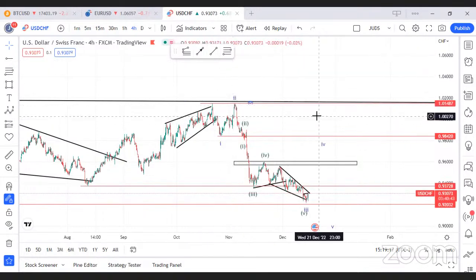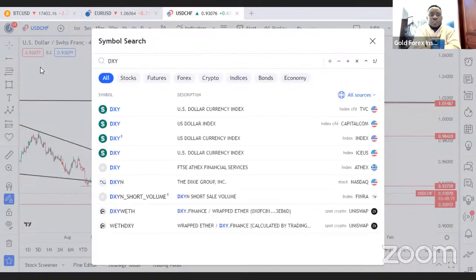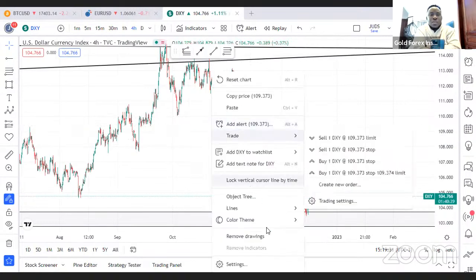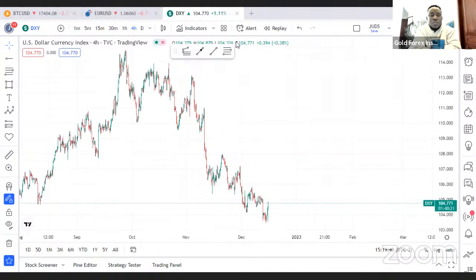DXY. I saw some big time harmonic pattern over there. Go to the weekly time frame. Go to the monthly.